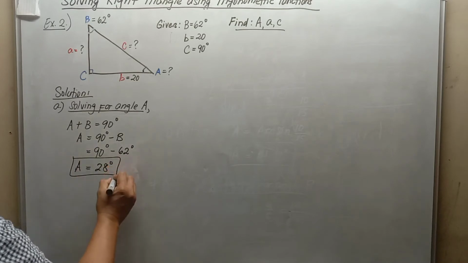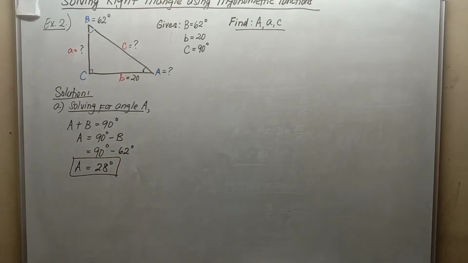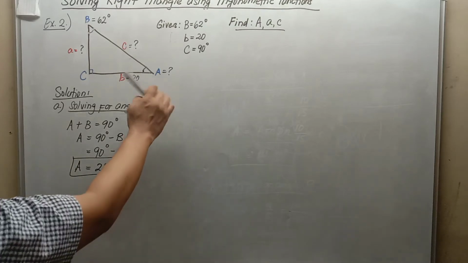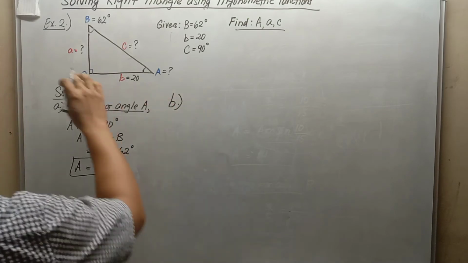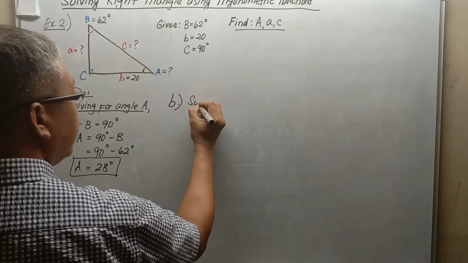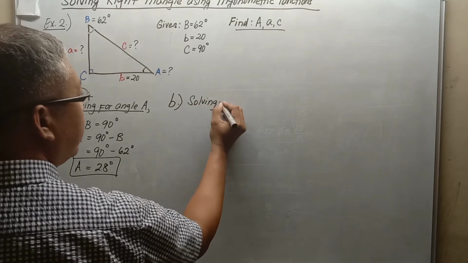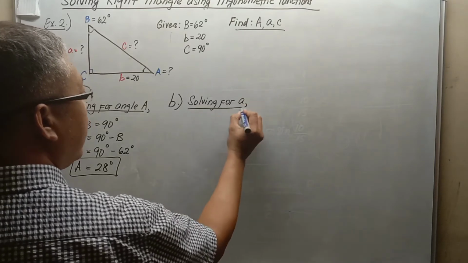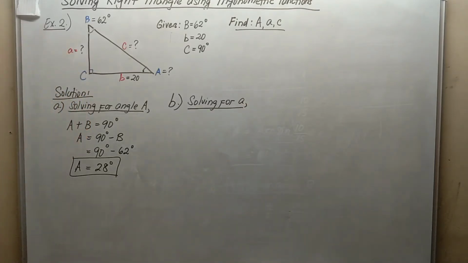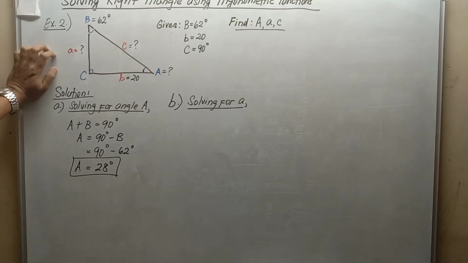So this is the answer for angle A. There are 28 degrees, okay? This angle. Now, second is we need to find the A side, solving for A by using the trigonometric function. Take a look at this diagram, guys. We need to find the value of A, this side.